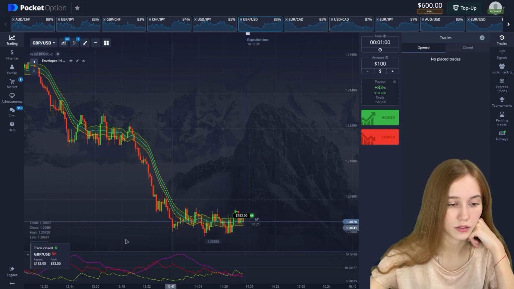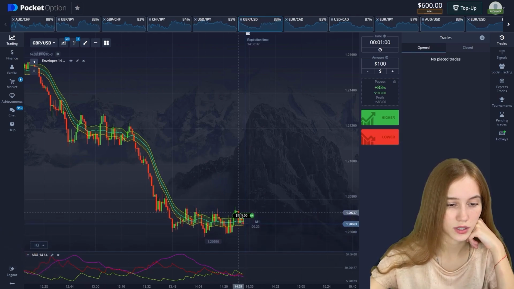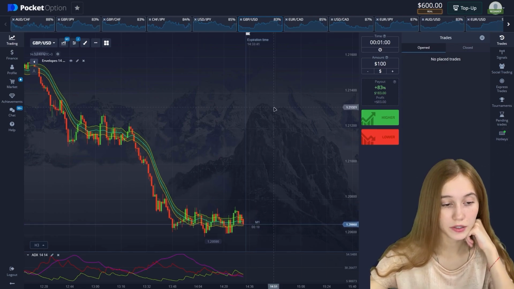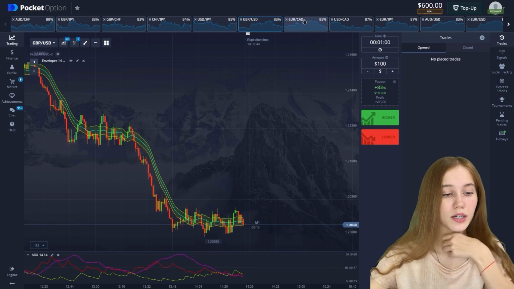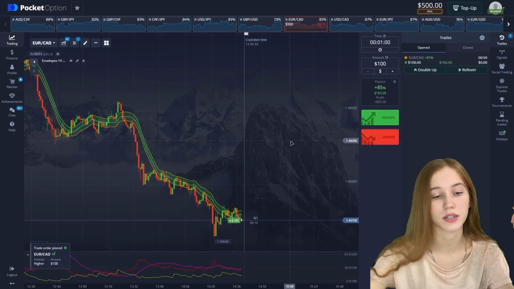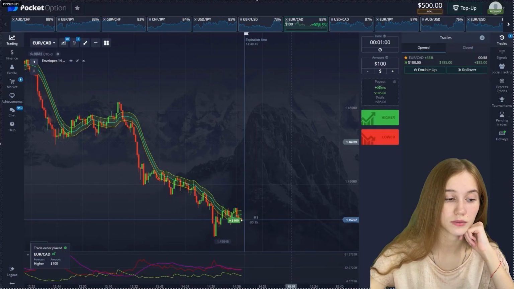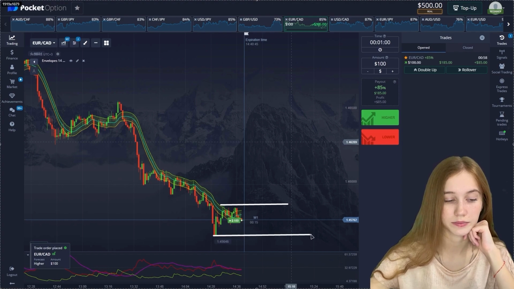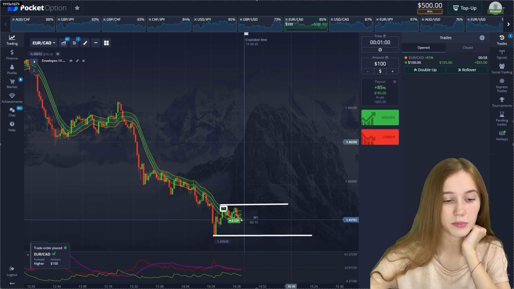We'll open the next concept. Boom. Open up here. Let's highlight the resistance area and the support area. We see that our resistance area has turned into consolidation, and this consolidation was in the resistance area. Let's start going up.